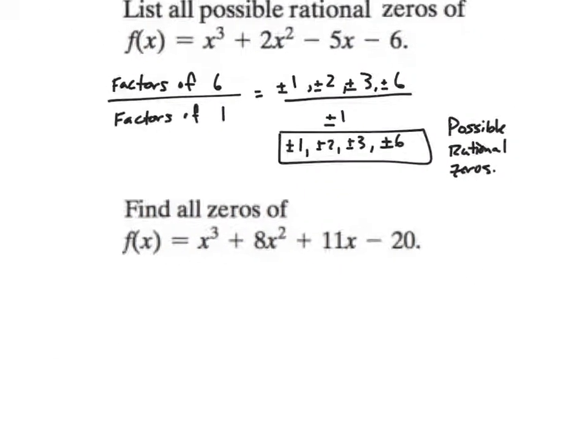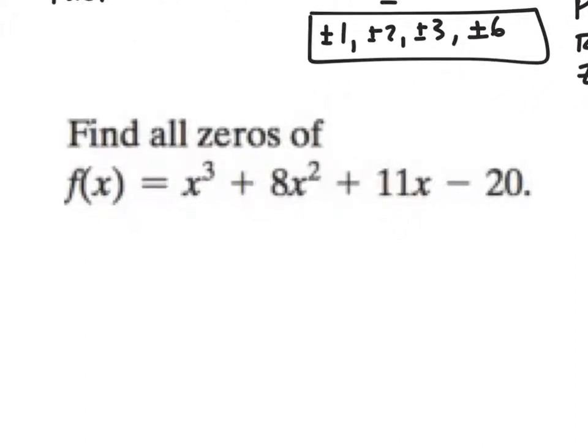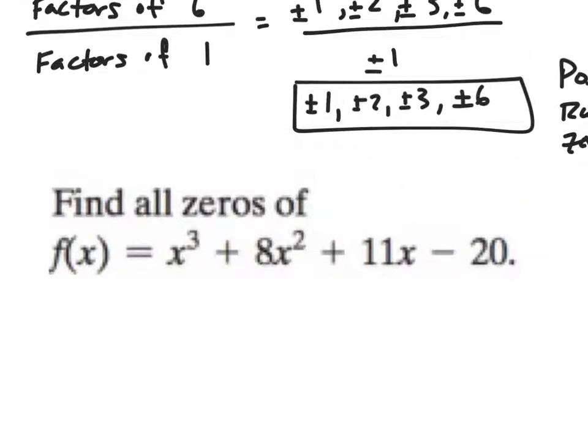So let's now take a look over here. On this one, it asks us to find all the zeros of this function. We could list off all of the possible zeros and go that route, but even on this first one, I would need to do synthetic division on 1, 2, 3, 4, positive and negative, so a total of 8 numbers to try and see which one of those is a zero.